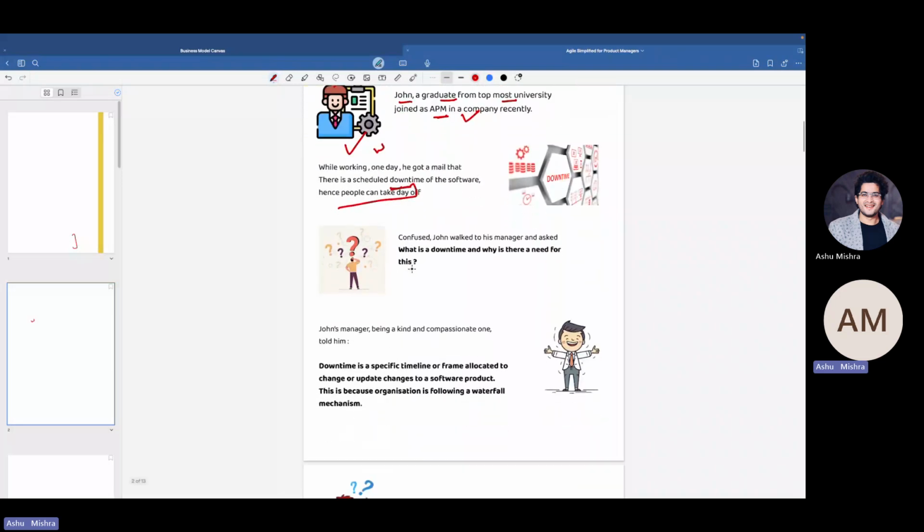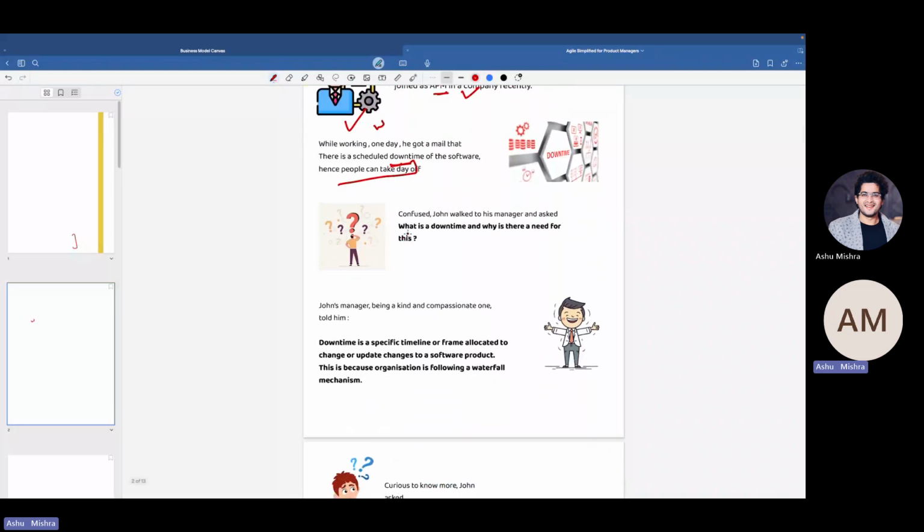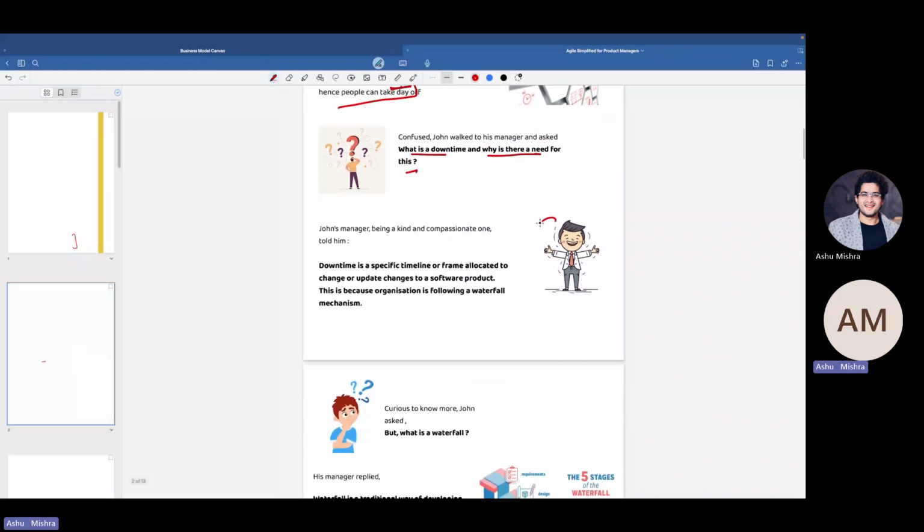So John walked up to his manager and asked, "What is the downtime and why is there a need for this?" John's manager, a kind and compassionate one, told him, downtime is a specific timeline or frame allocated to change or update a software. This is because the organization is following a waterfall mechanism.